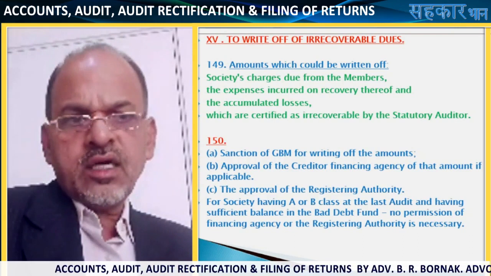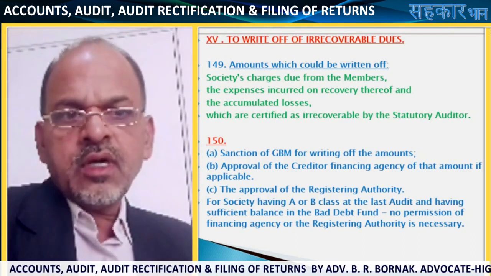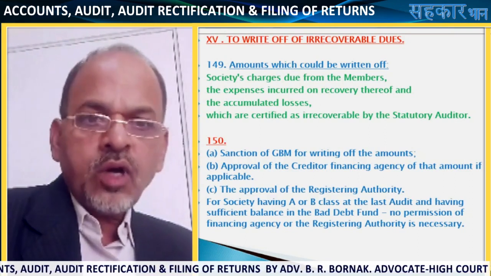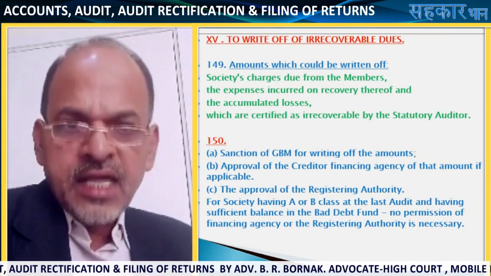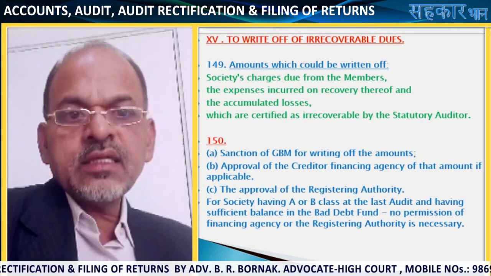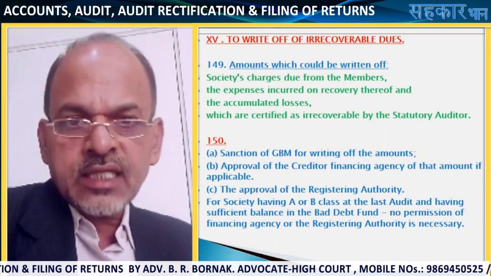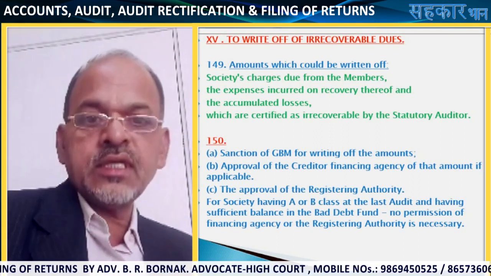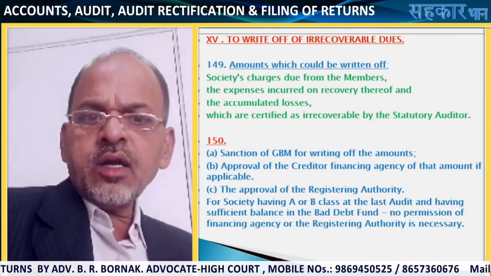If your society has incurred liability by way of financing from some financial agency or bank, and these dues are out of the credit supplied by this financing agency, then the approval of this financing agency is also required to write off these irrecoverable dues.